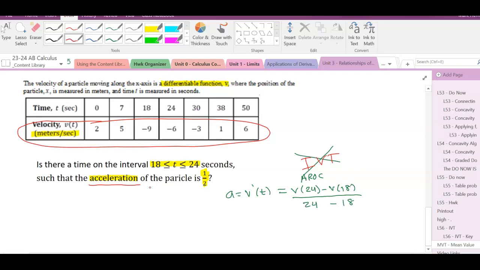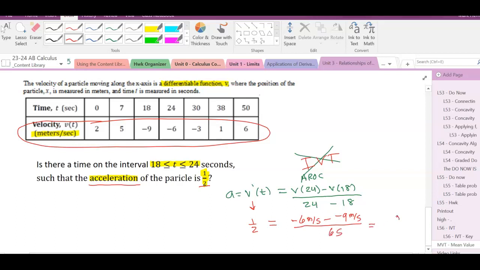And they tell us acceleration is 1/2, so we know the 1/2 part. We're saying, is that equal to, well, the velocity at 24 is -6 meters per second, minus the velocity at 18 is -9 meters per second, all divided by 24 minus 18 is 6 seconds.